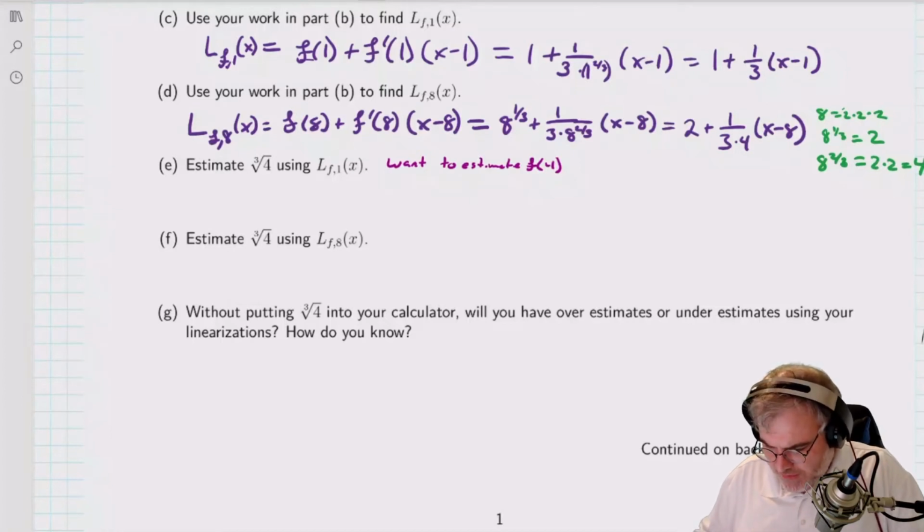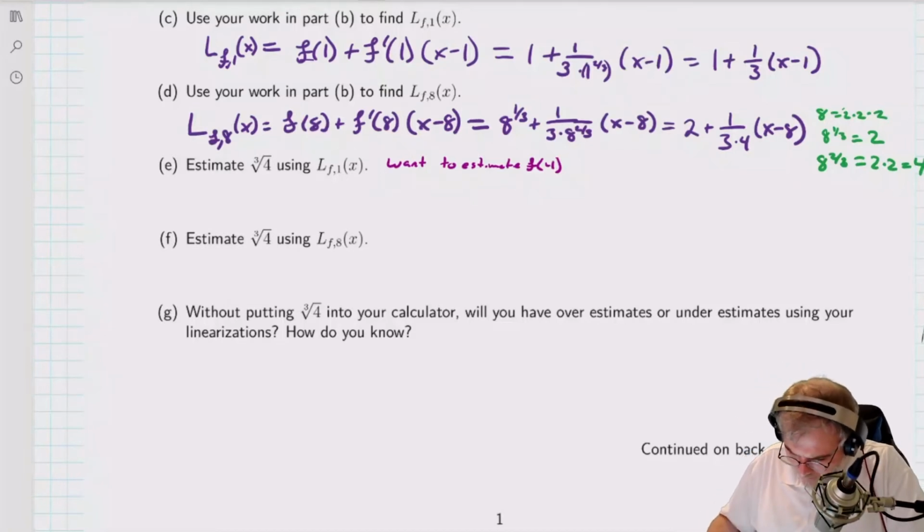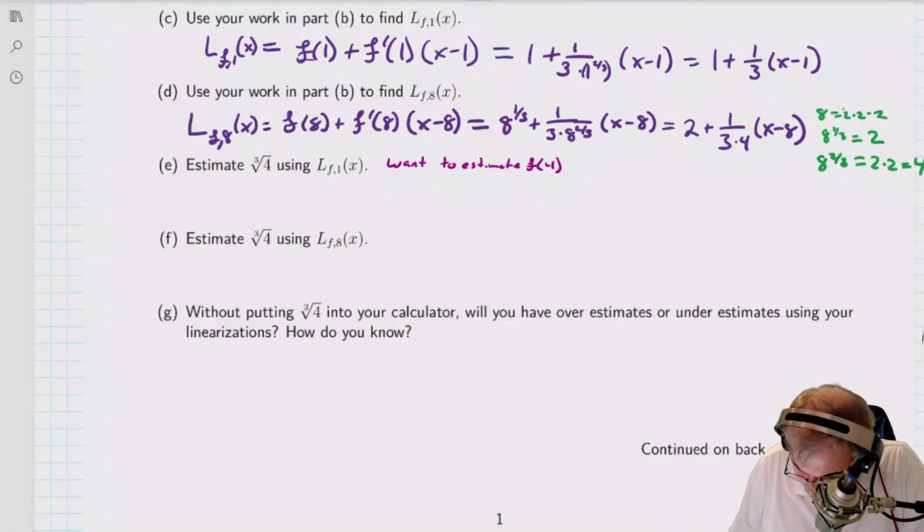I don't think any nib's going to fix this. So what I'm going to do is plug 4 into each of these equations. So that means here L1 of 4 equals 1 plus 1/3 times 4 minus 1.